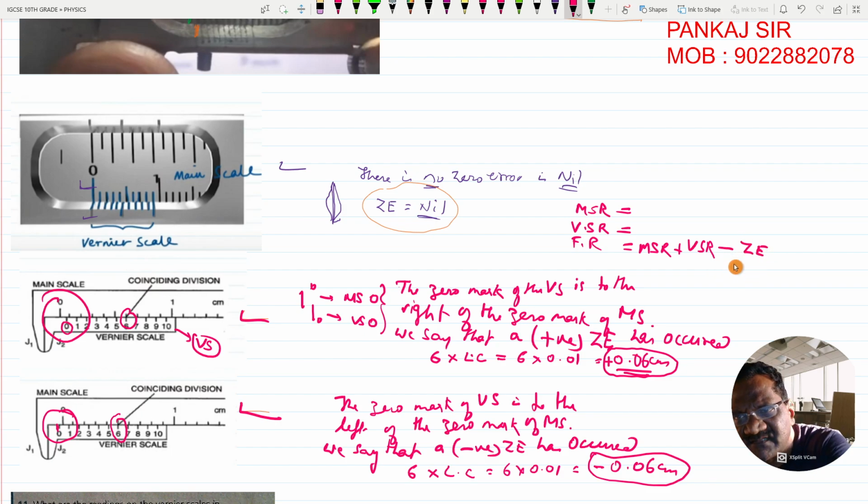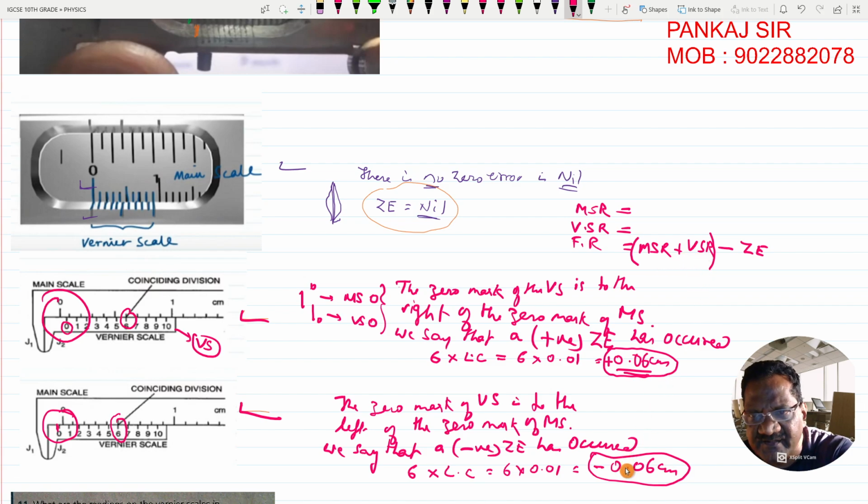So if you have a zero error in your Vernier caliper, then it has to be subtracted from the sum of the main scale reading and the Vernier scale reading. If the zero error is positive, you will have to subtract the zero error from the sum of main scale reading and Vernier scale reading.